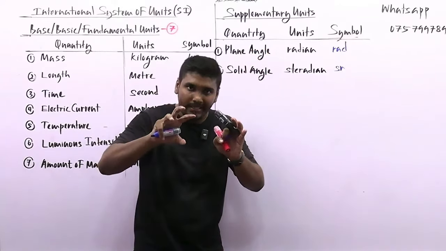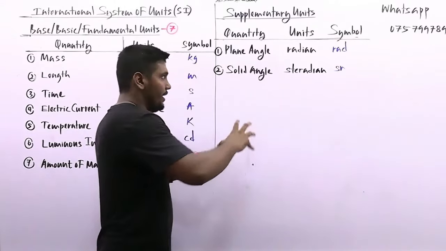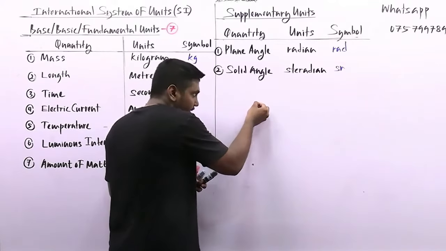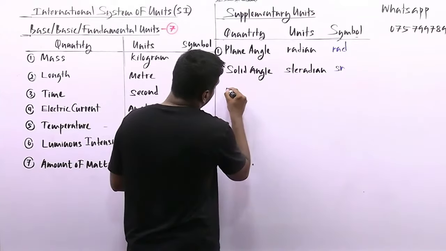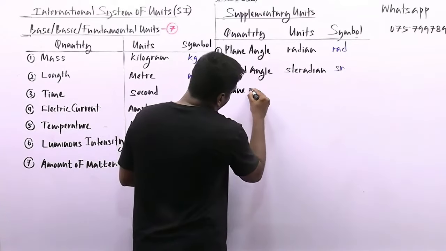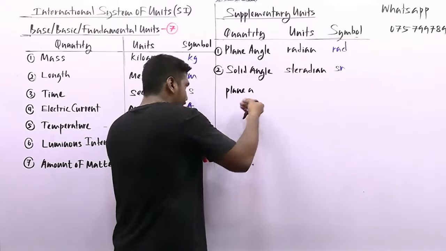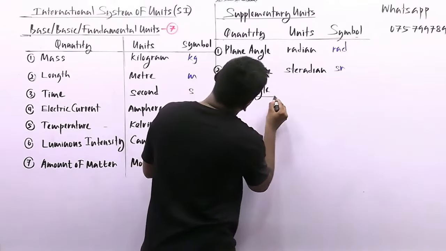Right, this is not mandatory, but I will give a small idea. Remember, plane angle means, if you consider a circle, and in the circle let's consider an arc. Just roughly remember what a plane angle is, though it is not that important.